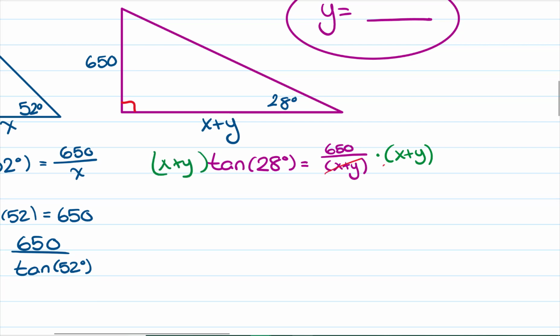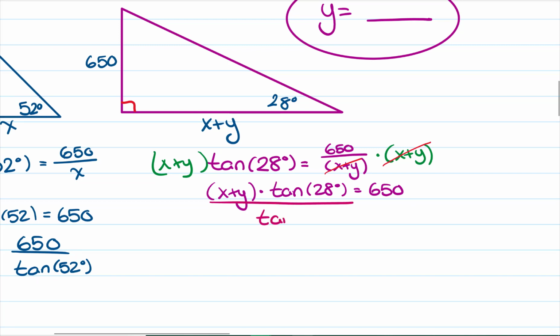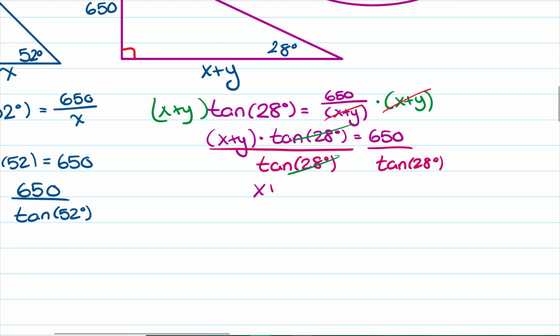That's going to make this reduce off, and I get x plus y times tangent of 28 degrees is equal to 650. The next step is then to divide both sides by tangent of 28 degrees. So this reduces off, and I get x plus y is equal to 650 divided by tangent of 28.